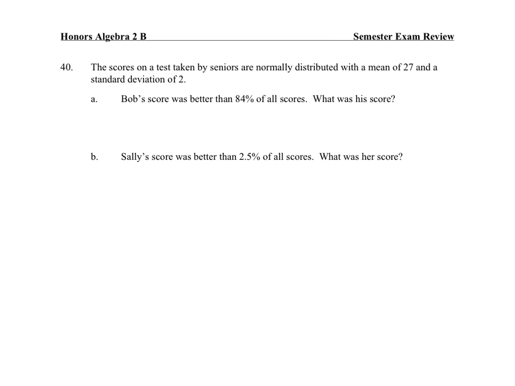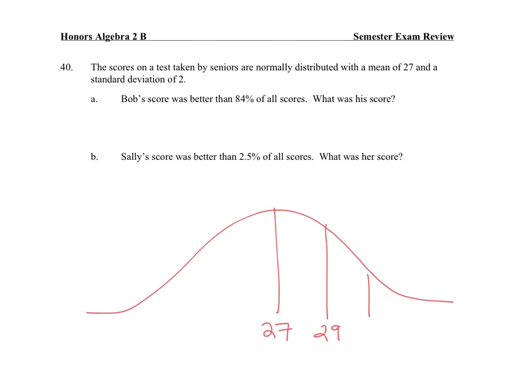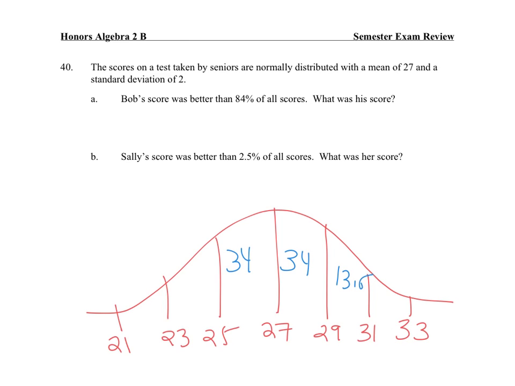Okay, and lastly for number 40, these percents are coming again from a normal distribution. So we could draw it if we wanted. And then if Bob's score was better than 84%, so let me put my percents in again.